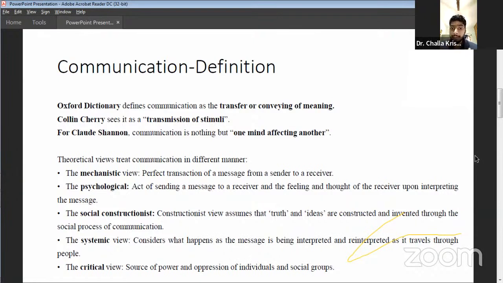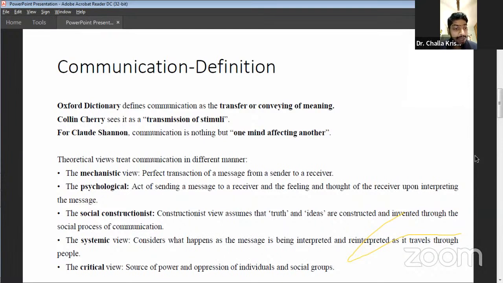What is earth? Why does it rise in the east? Why is Earth rotating? Why is Earth revolving? What is the moon? What are the stars? Slowly, we try to get the entire picture. So the meaning is interpreted, reinterpreted, and redeveloped. That is the systemic view. It says that the message is not static but dynamic.